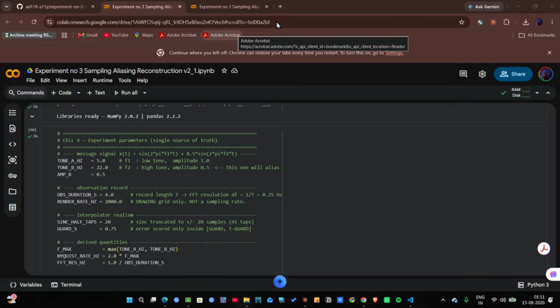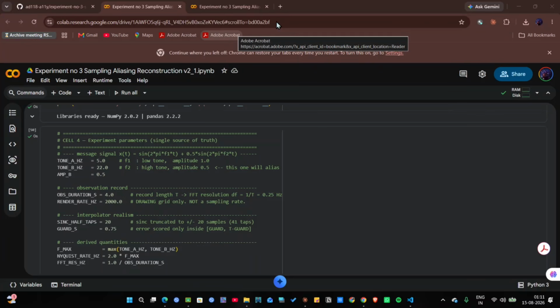Finally, cell 17 provides automatic validation.